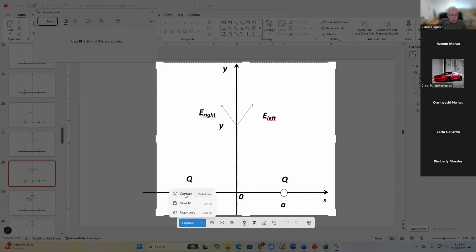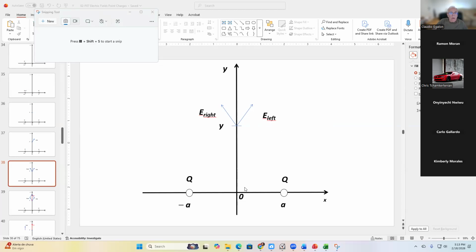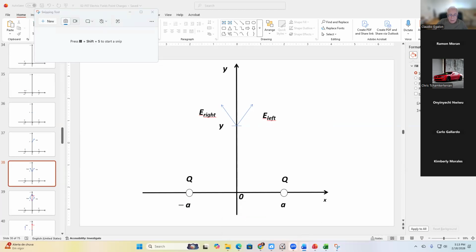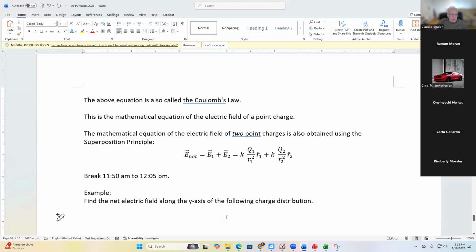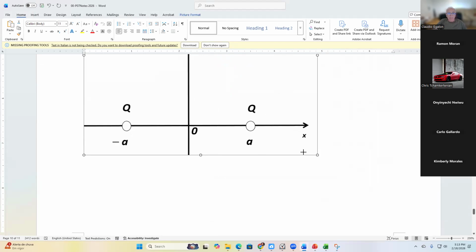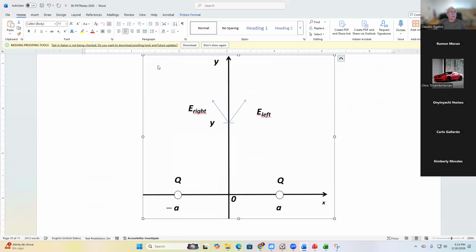Save, capture. Copy only. Okay. Like I said, this snipping tool didn't used to behave this way before. They made some major changes to the snipping tool. Okay, so that's what we want.